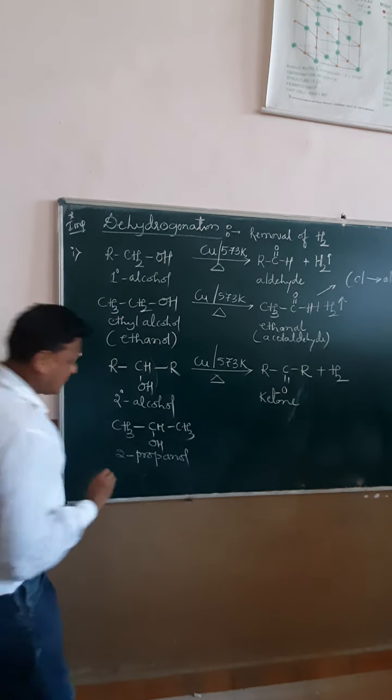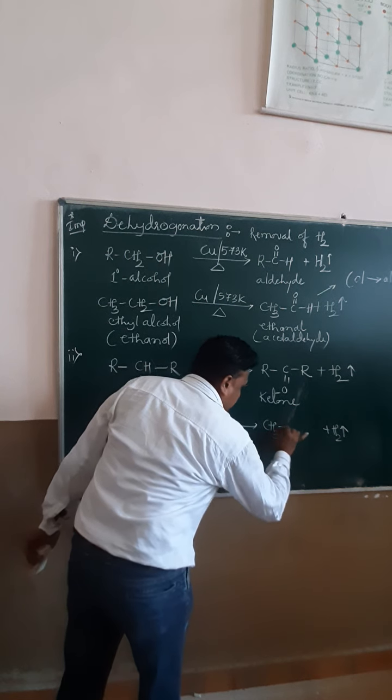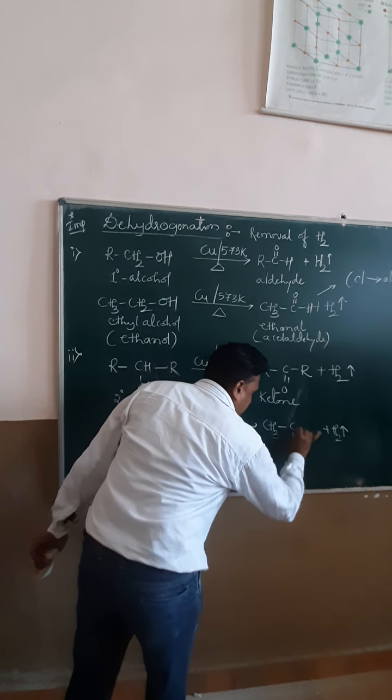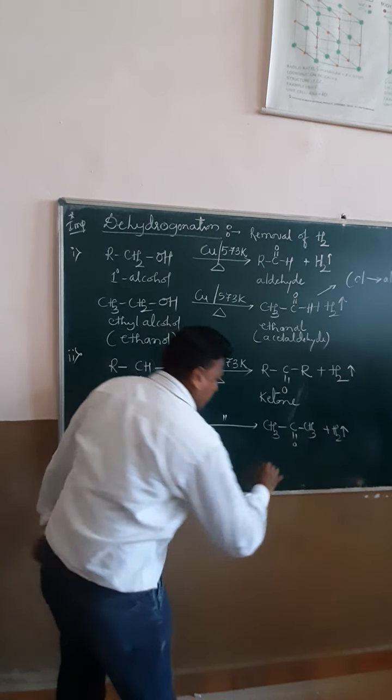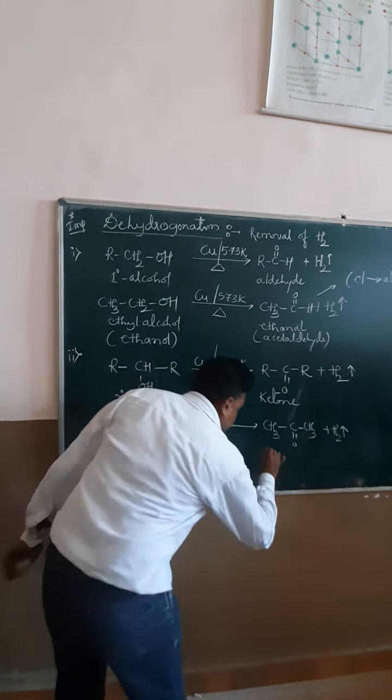Isopropyl alcohol undergoes dehydrogenation with the same catalyst, releasing hydrogen. With the removal of this hydrogen, the compound formed is CH3-C double bond O-CH3. Already we know the name: this is acetone, or dimethyl ketone.